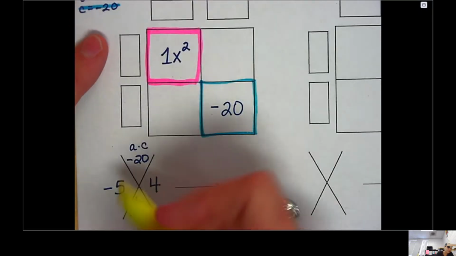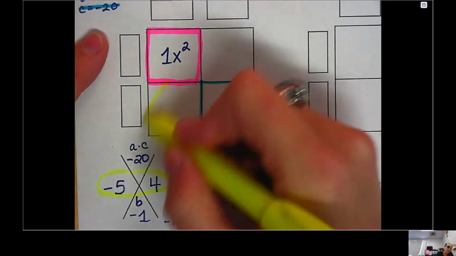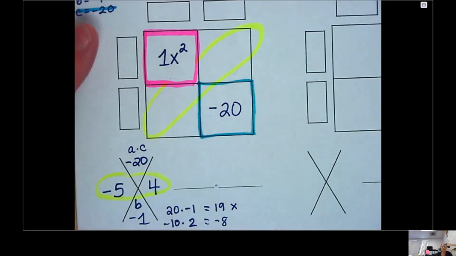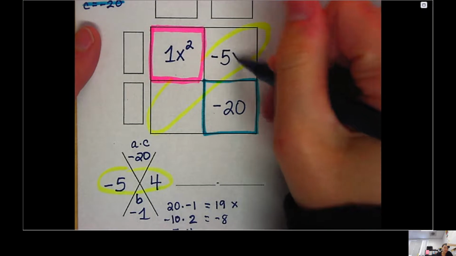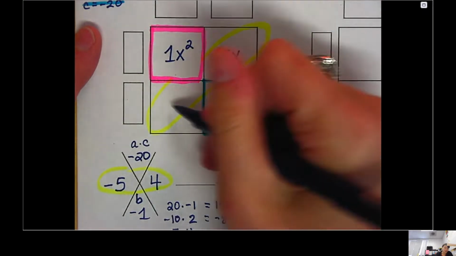All right, so now -5 and +4 come right here into these two. Does not matter where you put them. I'm going to put -5x on top and 4x on the bottom.